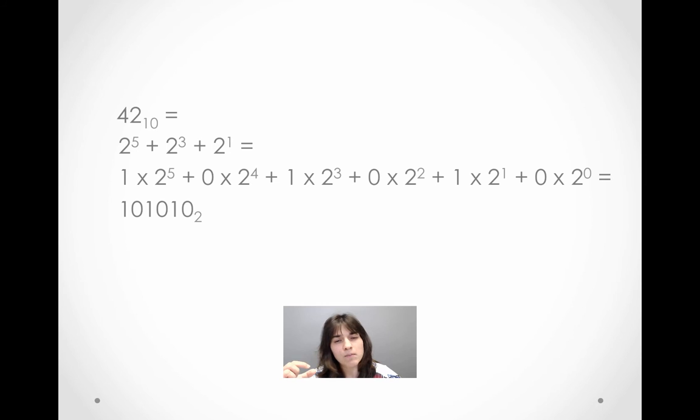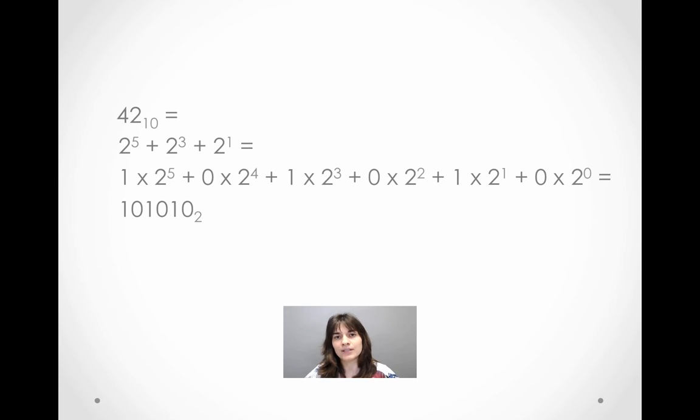So, because we're multiplying 2 to the power of 0, the lowest power of 2, by 0, we will put 0 at the rightmost position. We will put 1 right next to it, to the left, because 1 is the factor that multiplies 2 to the power of 1, and so forth. This is how we end up with the number 101010 as the binary representation of the decimal 42.